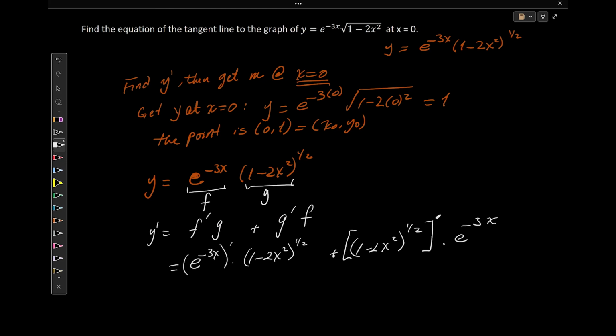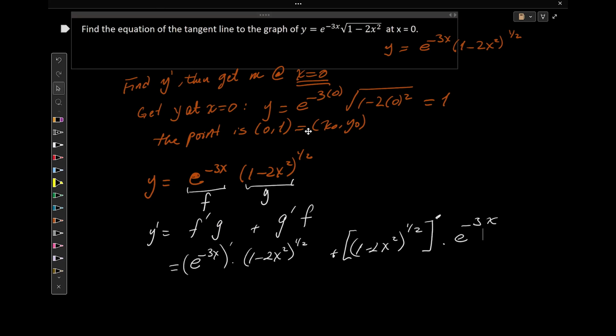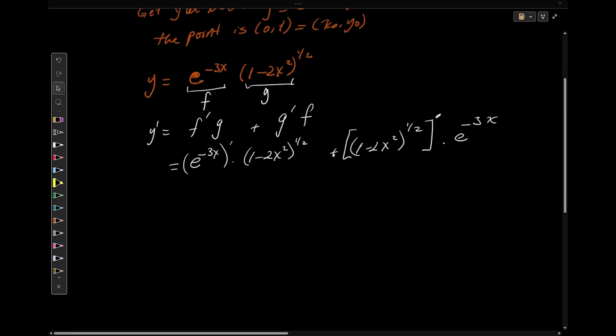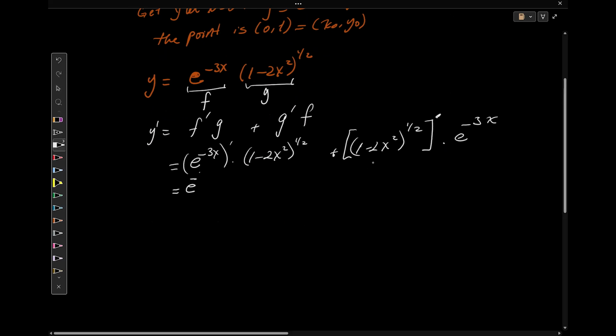All right, so now we can easily start looking at this and that separately. What do we have here? Exponential to something. The derivative is itself times the derivative of that something.